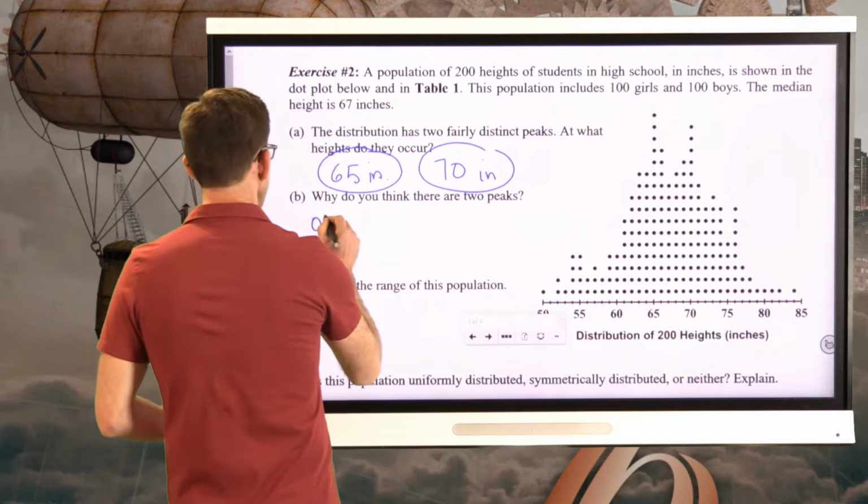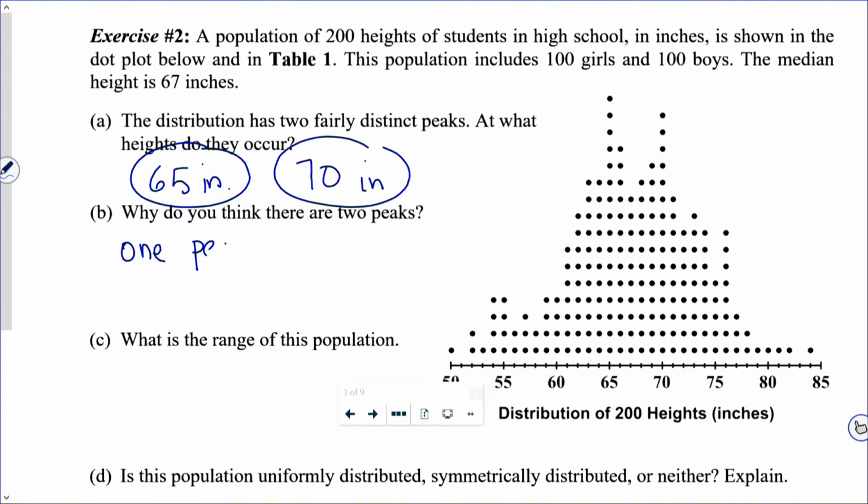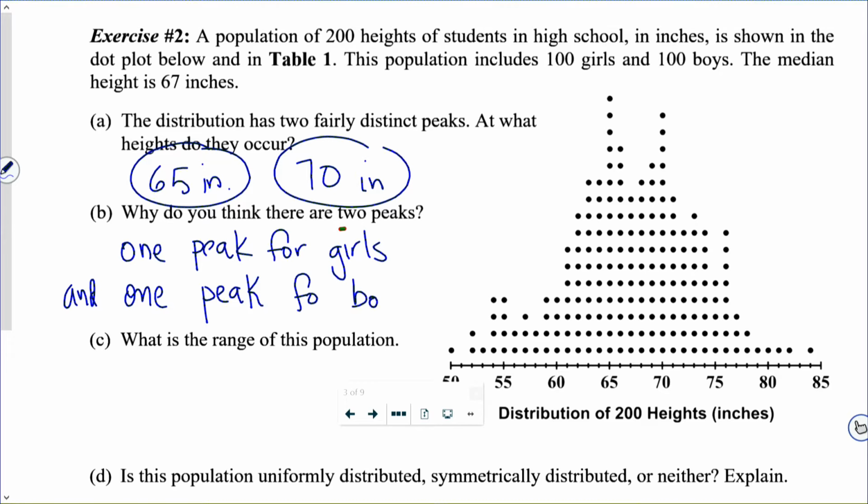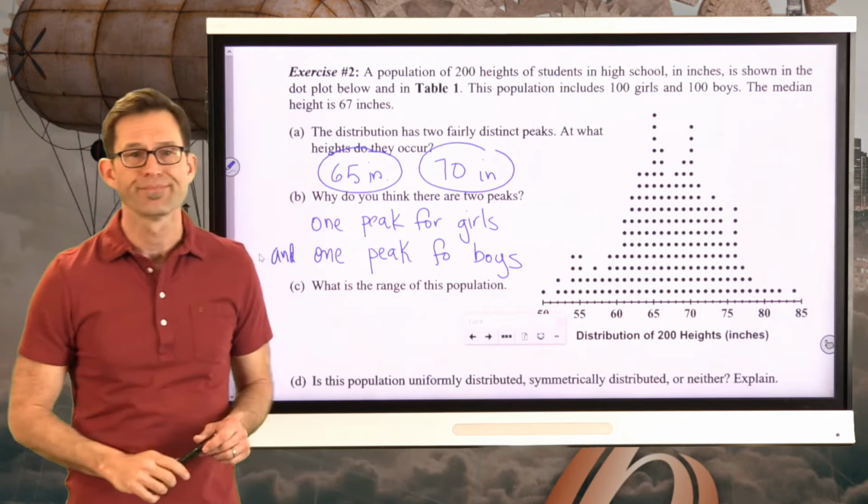So one peak for girls and one peak for boys. All right, kind of interesting, right?